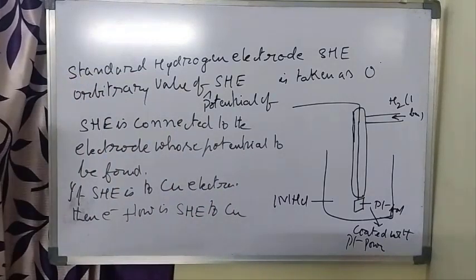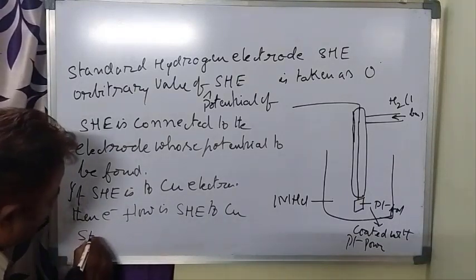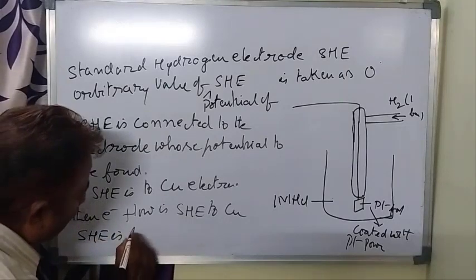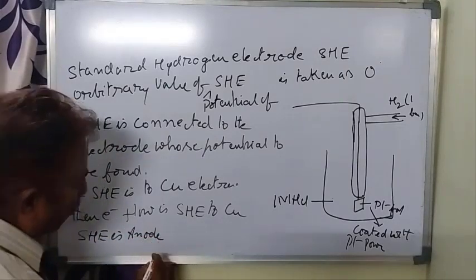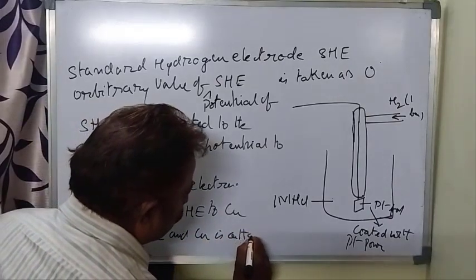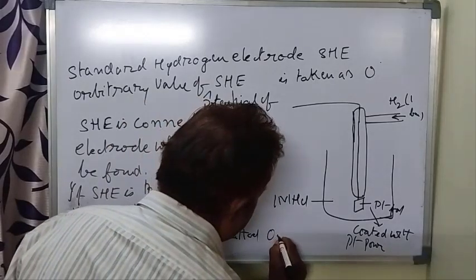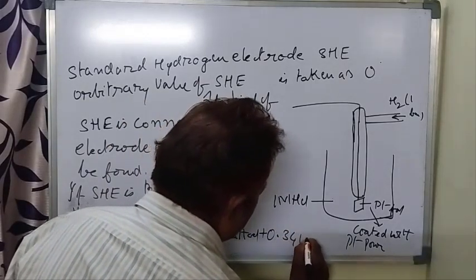In such a case, SHE is anode and copper is cathode. So the galvanometer reading is found as plus 0.34 V.